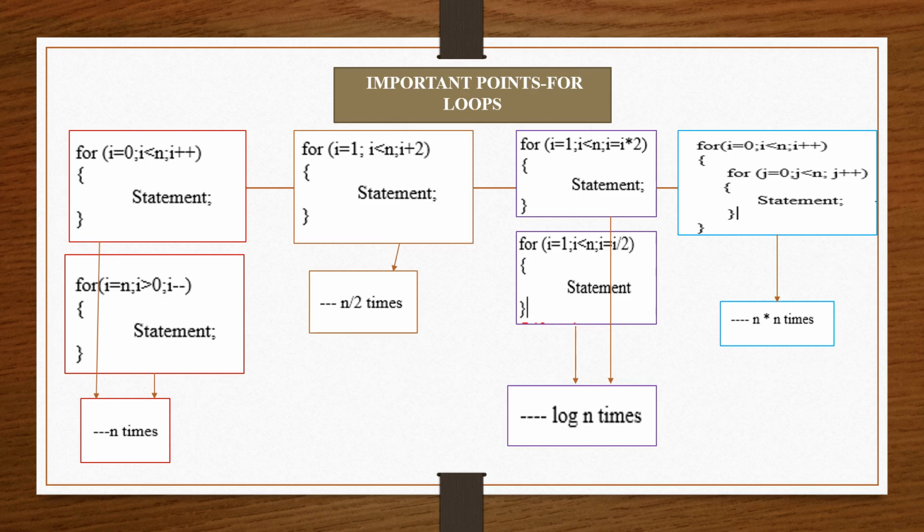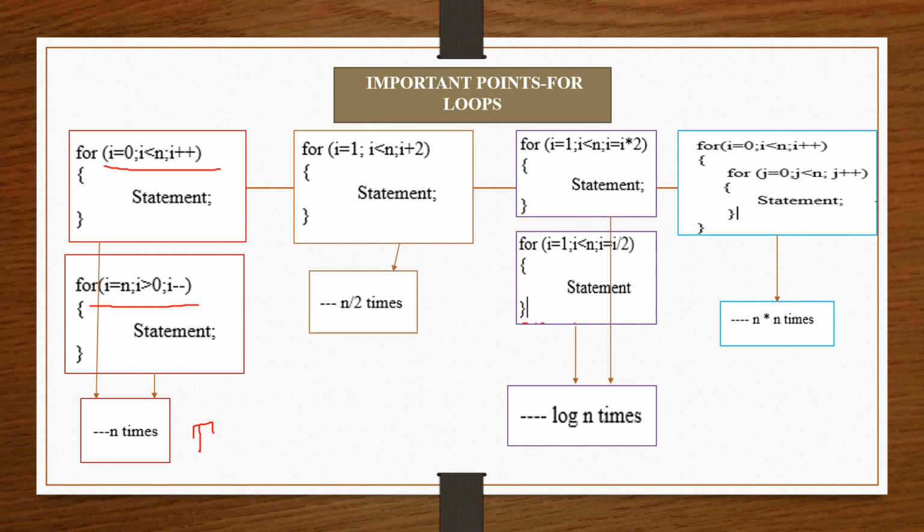And here are some important points for loops while identifying the time complexity. Whenever you have a for loop of this form or the reverse form, it will execute n times true. The statements will execute if and only if the conditions are true. So the frequency of this for loop is n.